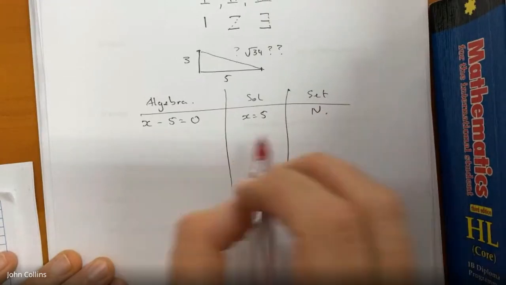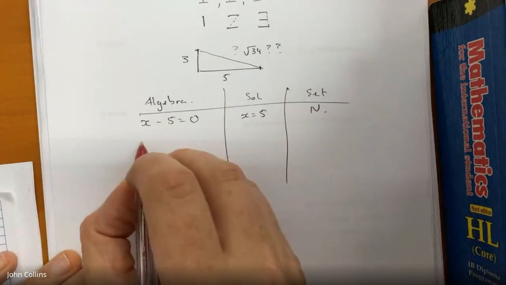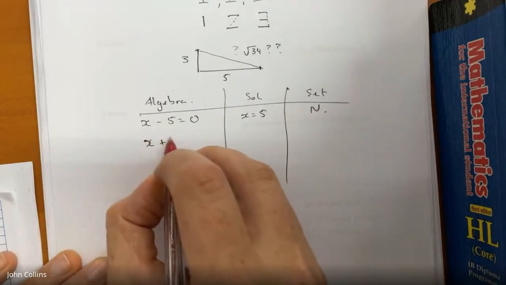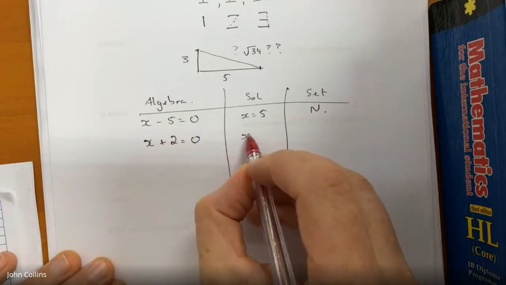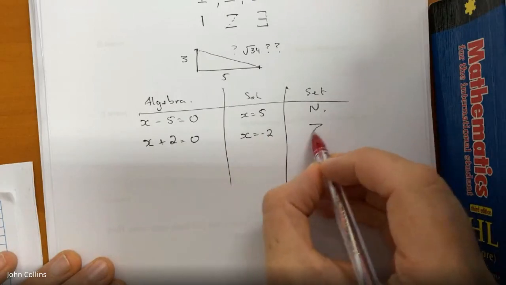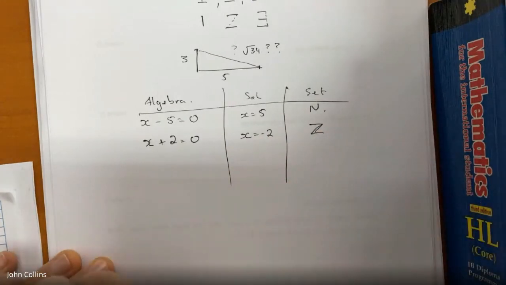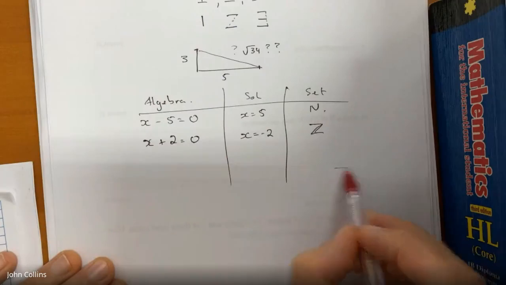Let's look at how we get a number that's not a natural number. Our first delve into non-counting numbers would be an equation like this. The solution to this equation must be -2, which is our first delve into integers, which of course is the set Z.